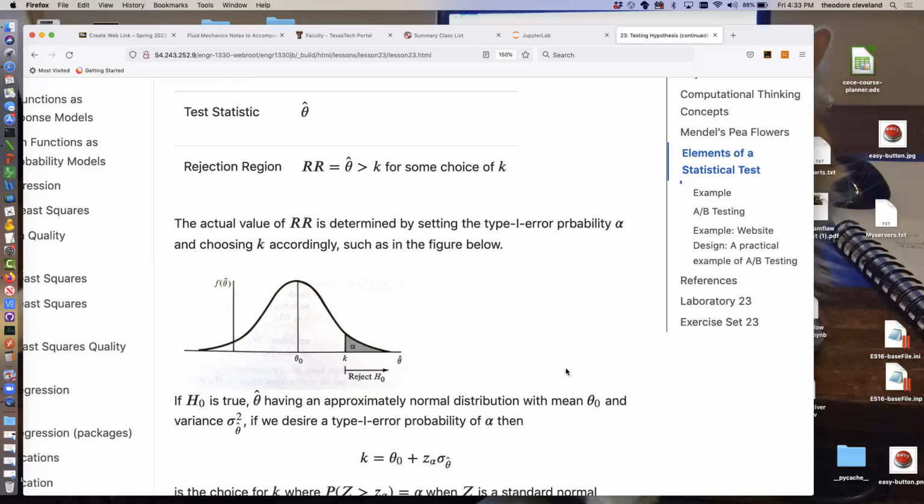So that's all that selecting alpha does. We select a value of alpha. We have this distribution that's based on our sample. We go ahead and we integrate that distribution until what's left is the alpha region, and that identifies the breakoff point, which we call K.